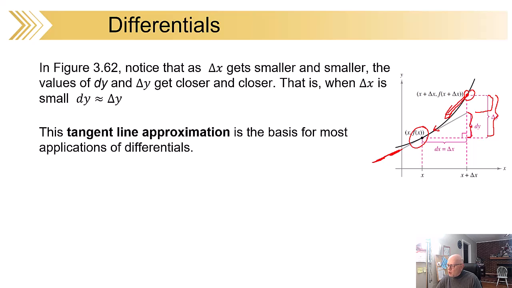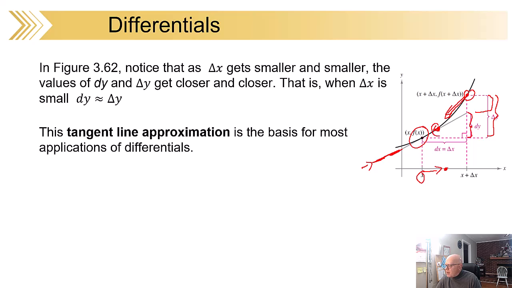In other words, in going from this point somewhere over here to another point, we'll get a second point, but we'll be able to use this tangent line to get us from this point to one that's close to it, because it'll be almost the same as the one for the actual curve.